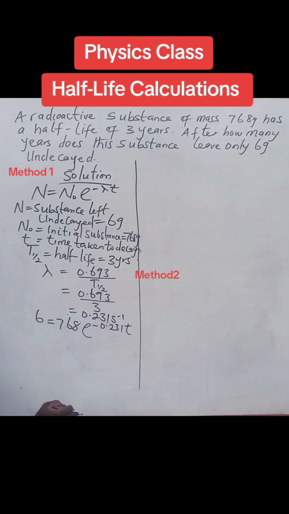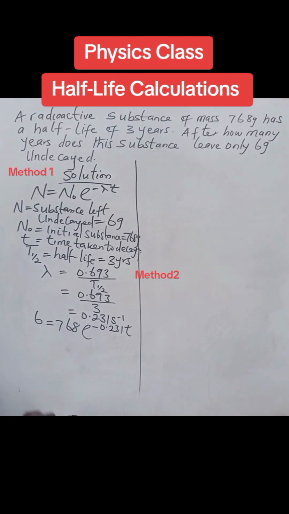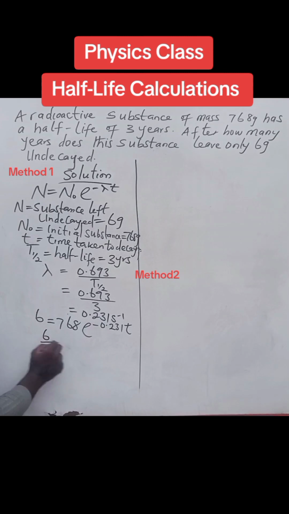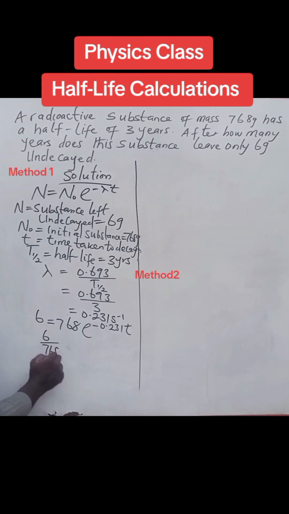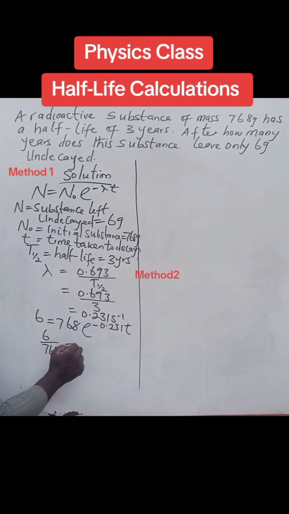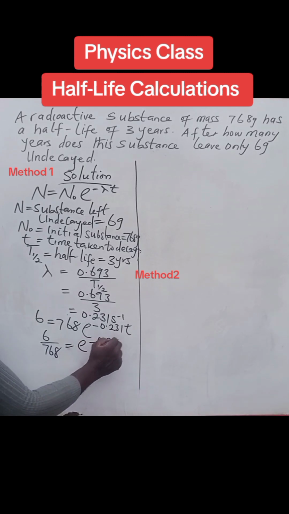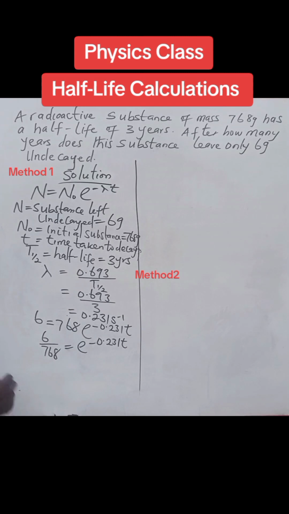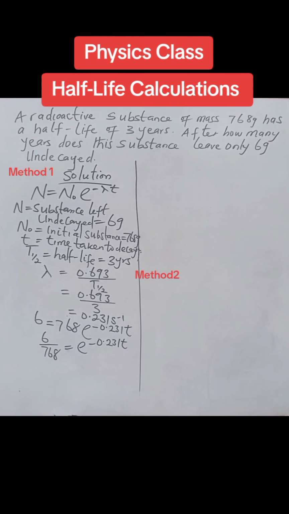So we form an expression: 6 divided by 768 is equal to exponential minus 0.231 t. Now pick up your calculator and solve.